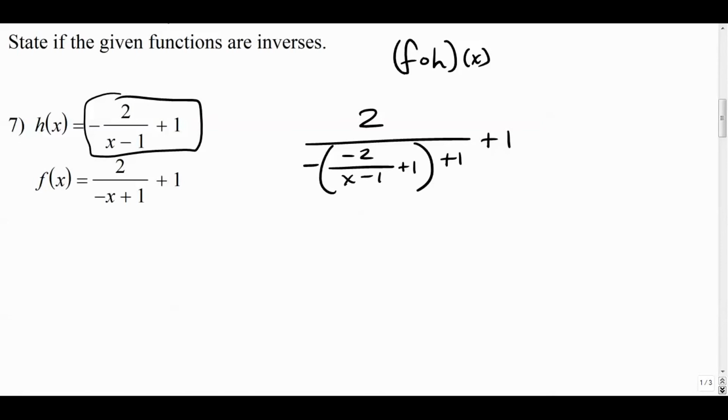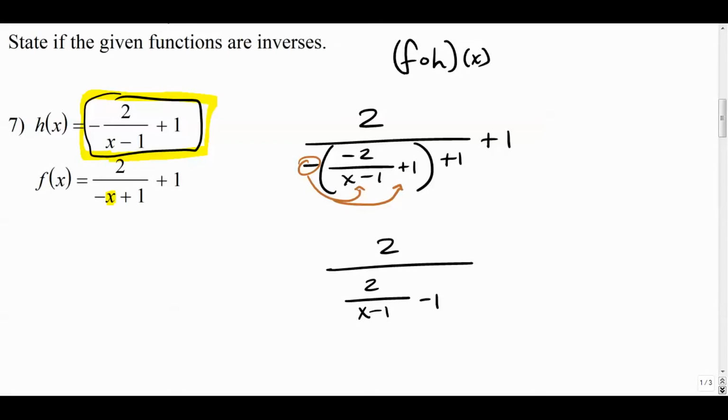Alright, so for clarity, this x got replaced with this entire function. We're composing it, we're sort of nesting it in itself. And let's simplify that bottom. I'm going to take this negative and distribute it among both of these terms. So that turns 2 over x minus 1 minus 1.